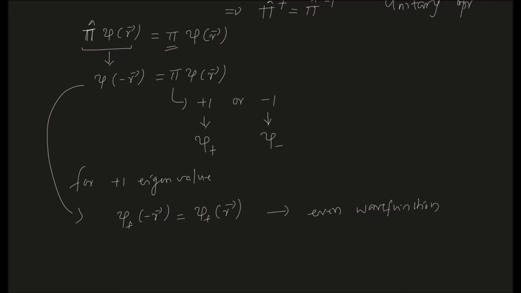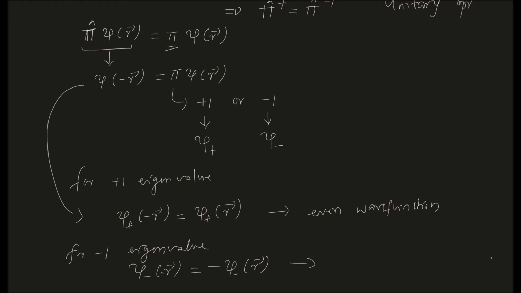If you take the minus 1 eigenvalue, the same expression can be written as psi minus of minus r equal to, and on the right hand side you will have minus 1 times psi minus of r, right?